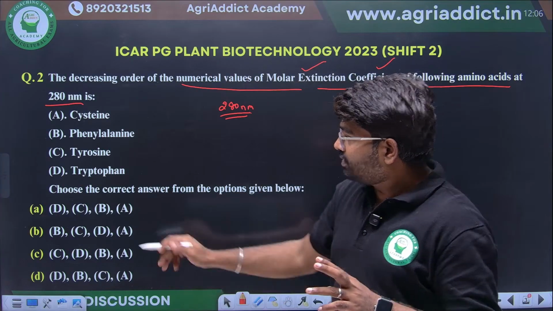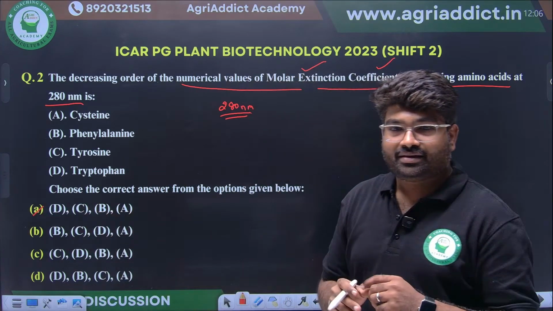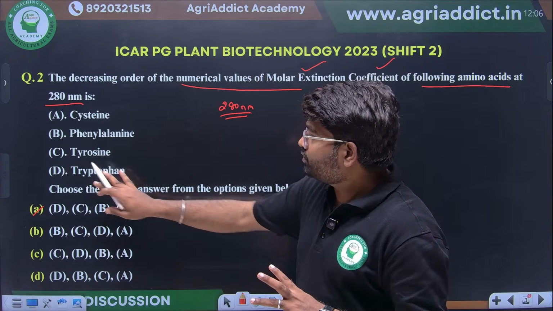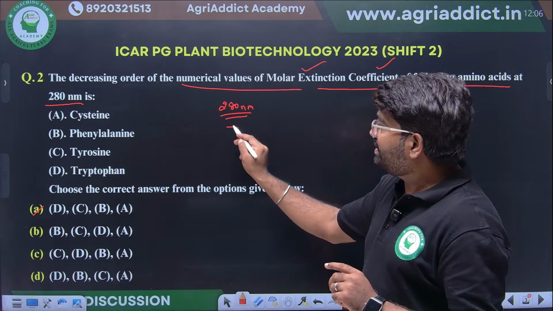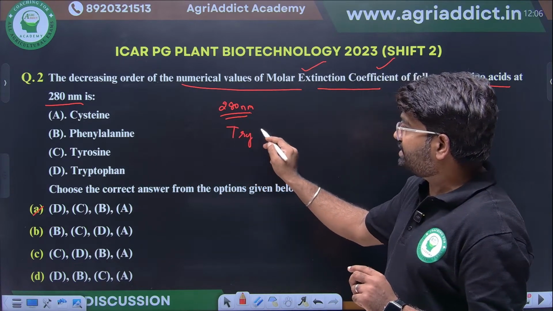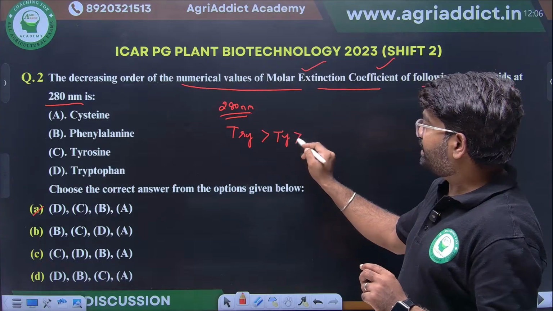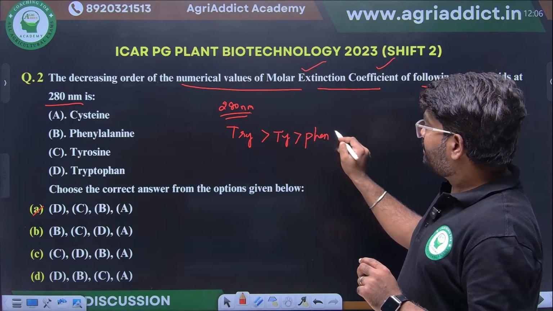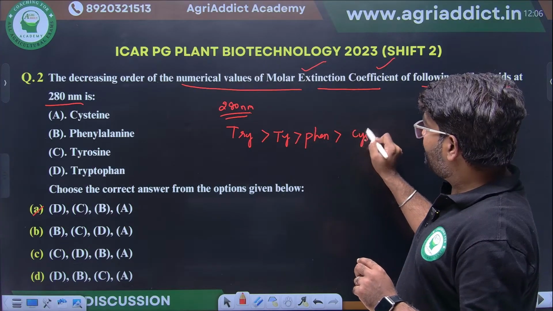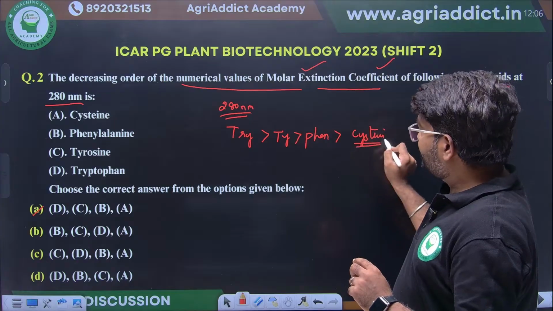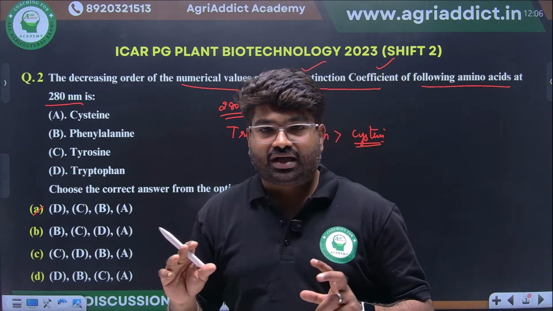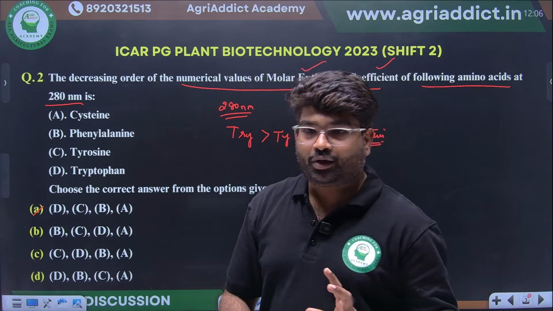Yes, option A. We can solve here. Tryptophan will have higher absorption compared to tyrosine, compared to phenylalanine. But cysteine will have less. Cysteine will not absorb at 280 nanometer.